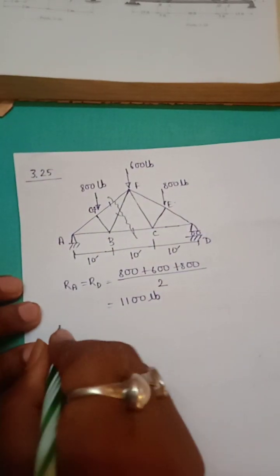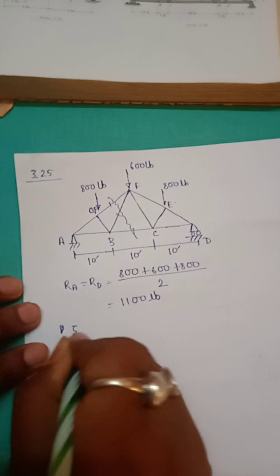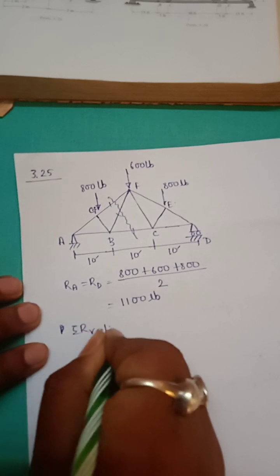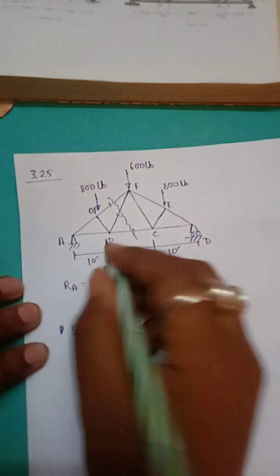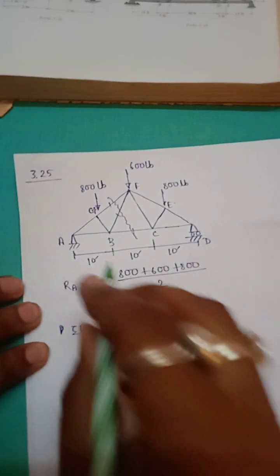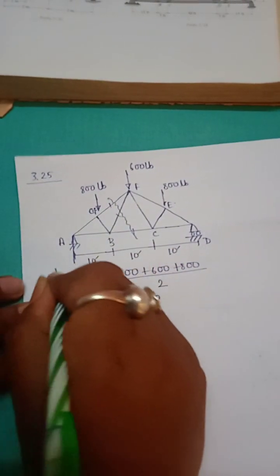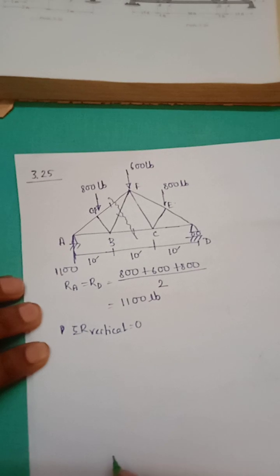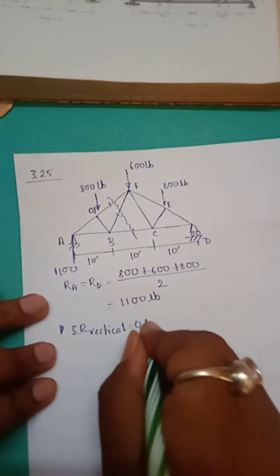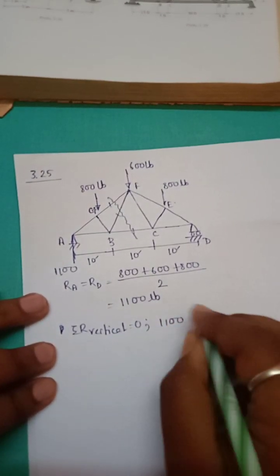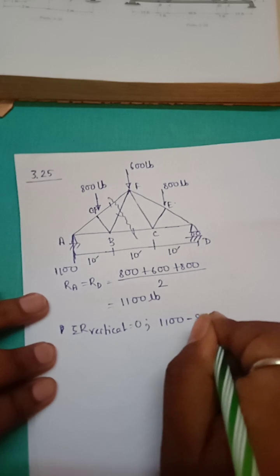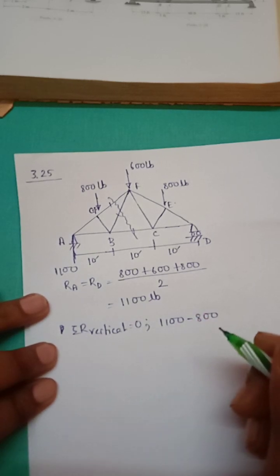After cutting the section, we will get summation R vertical equal to 0. So here it is acting 1100. So what we will get? 1100 in upward direction minus 800, that is 800 in negative direction, downward direction.